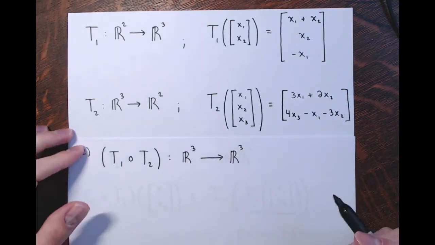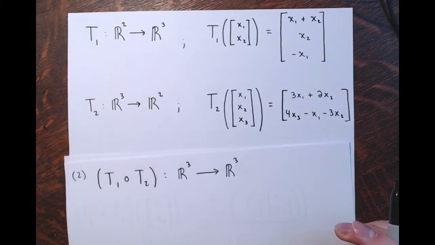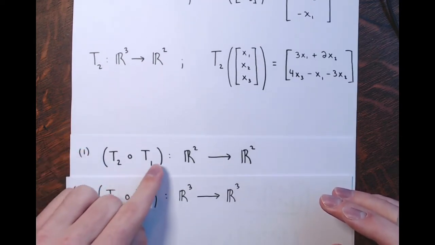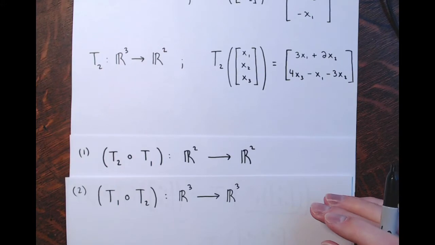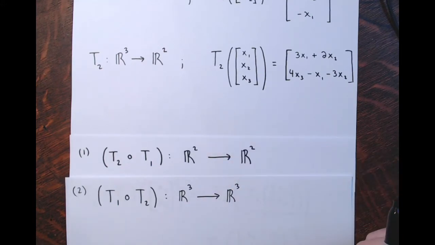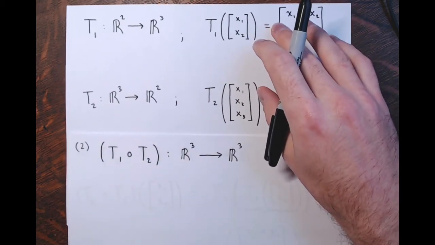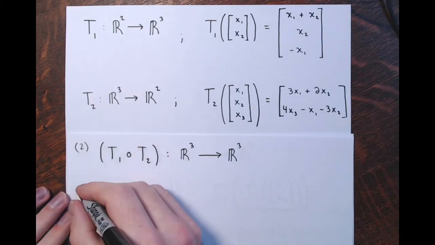So right away you can see that they're different. T2 composed with T1 would be going from R2 to R2. Switching them is a transformation from R3 to R3. They have different domains and different codomains, so they must be different transformations. So let's see what we get.